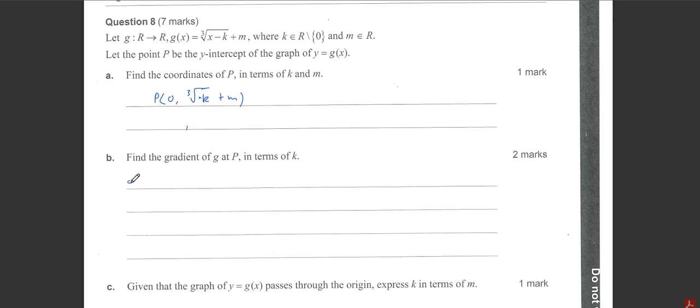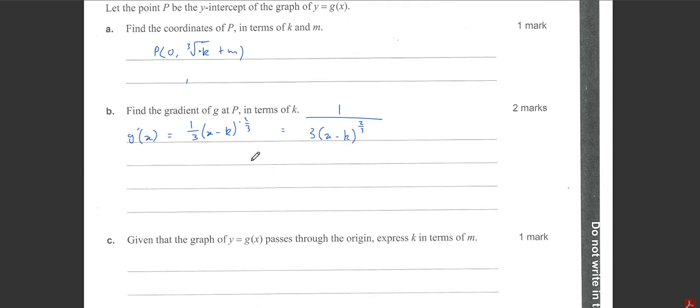So g of x is equal to 1 over 3 times x minus k to the power of negative 2 on 3. So at x equals 0, this is going to be 1 over 3 times negative k to the power of negative 2 on 3.